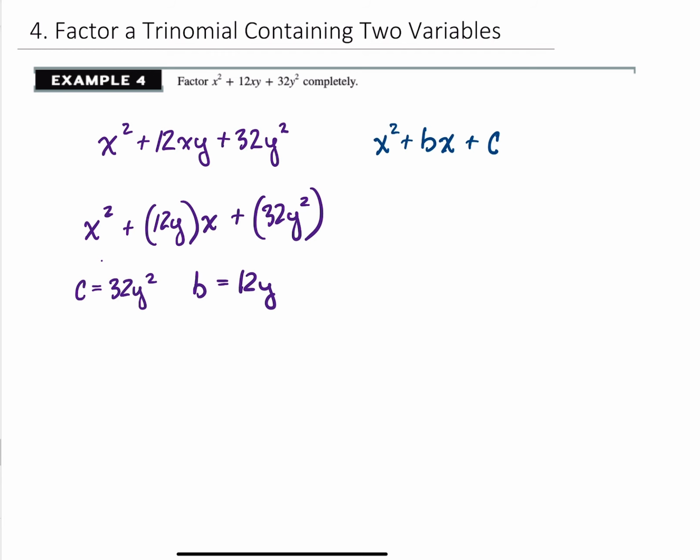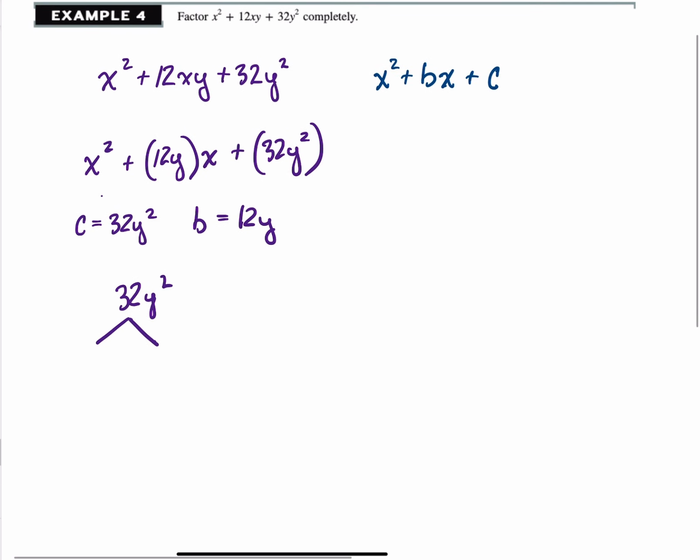So let's see if this will work using this as our c and b value. We'll be looking for factors of 32y squared, two things that multiply to that and add up to 12y. That means both terms should have a y, so when they're multiplied we get y squared, and when we add them we have some y term. So let's also consider factors of 32. So we have 1 and 32, which means we could have 1y and 32y.